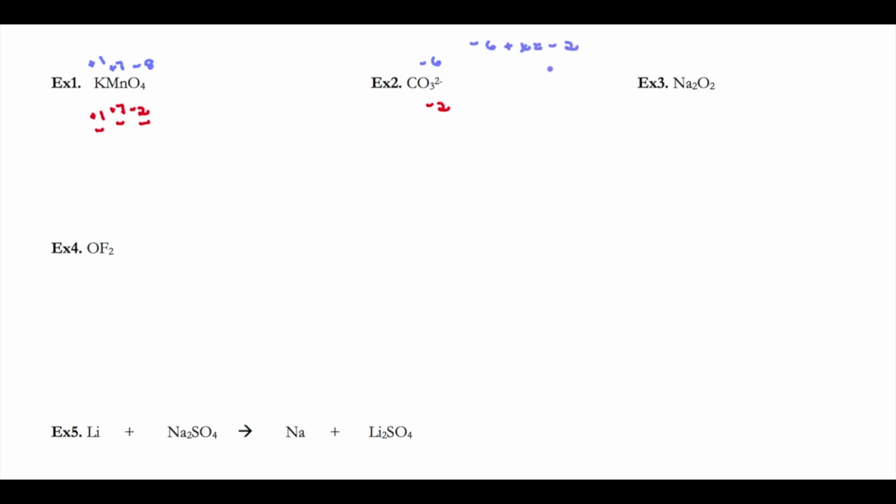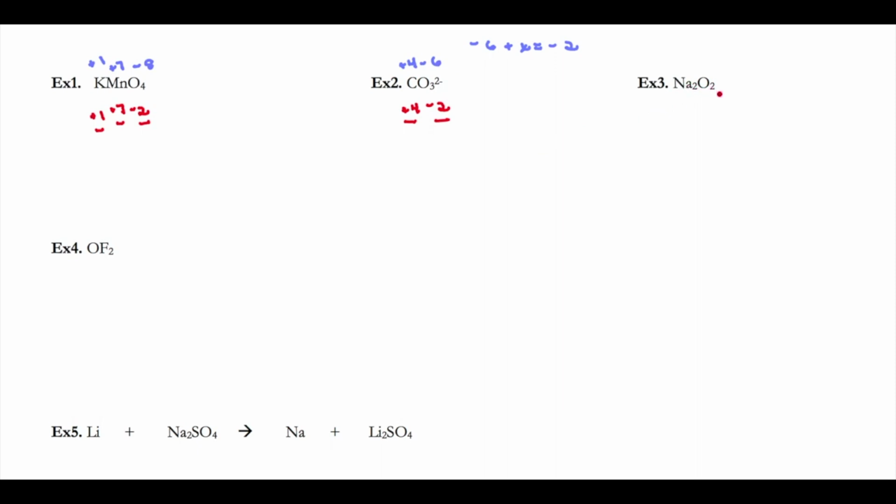Well, that would be 4 if you did your math. So carbon is going to be +4. Okay? So overall, it has a +4 oxidation number, but since I only have 1 carbon, each carbon will have a +4 oxidation number. So if I asked you to list your oxidation numbers here, it would be +4 and -2. All right, let's look at the next one.